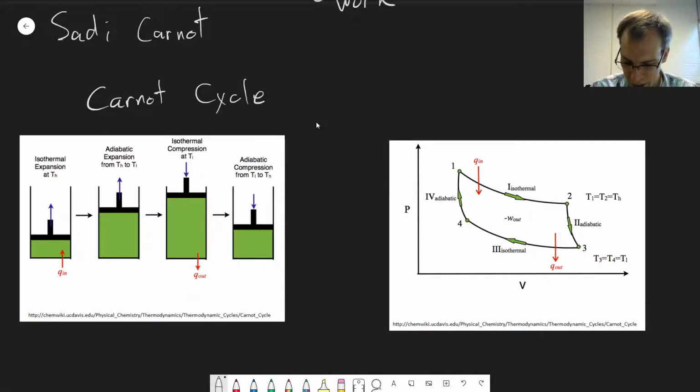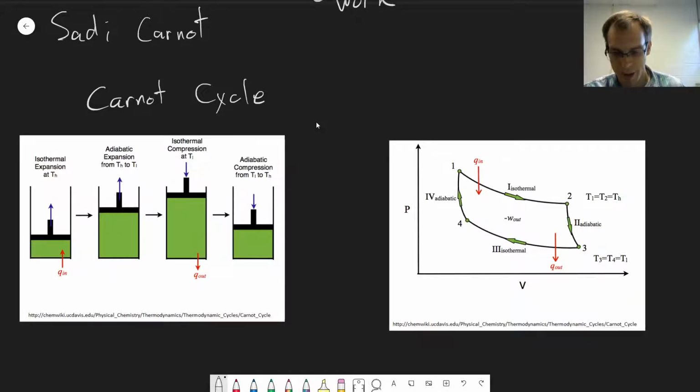There are different kinds of cycles that are more applicable to engines you're familiar with. The Otto cycle, OTTO, is similar to a diesel engine, or maybe a gasoline engine, I can't remember which. But anyway, the Carnot cycle is sort of an idealized case.